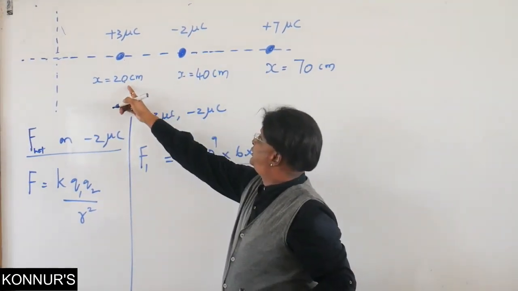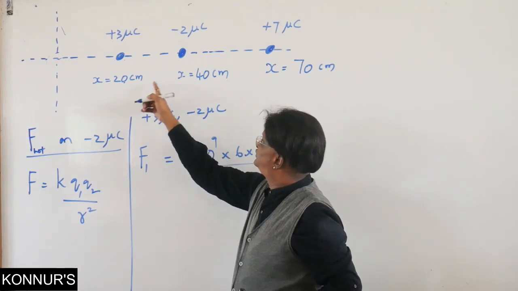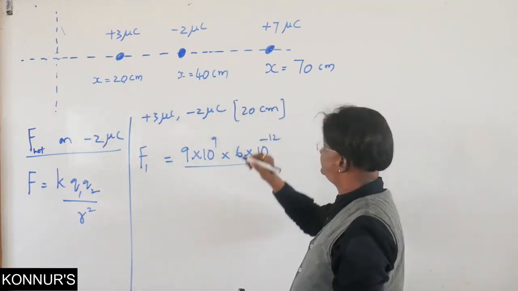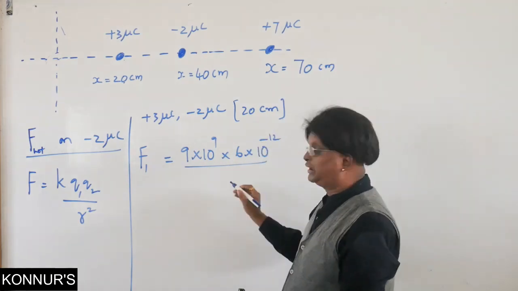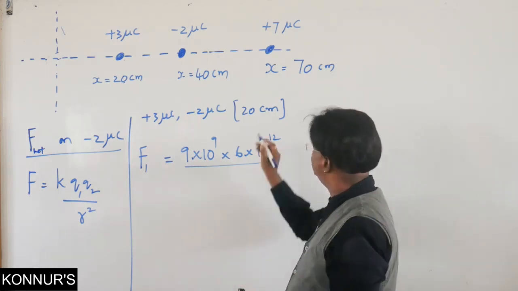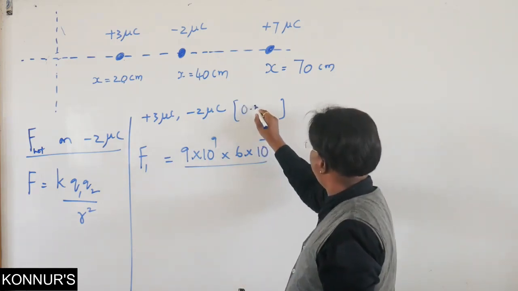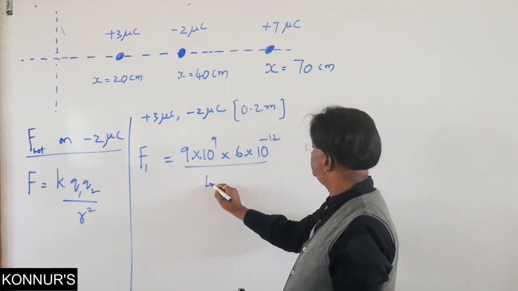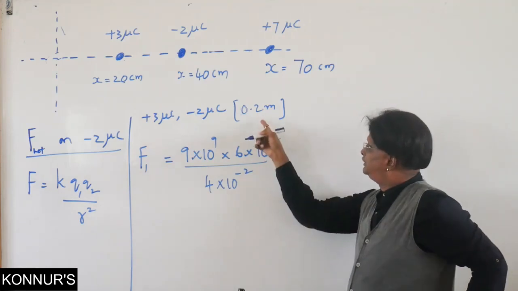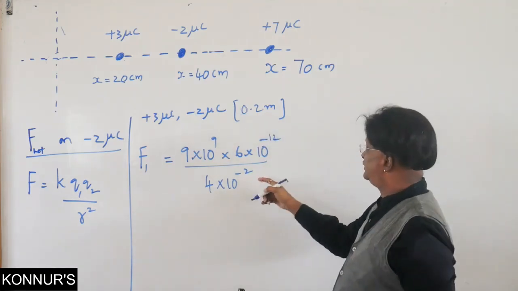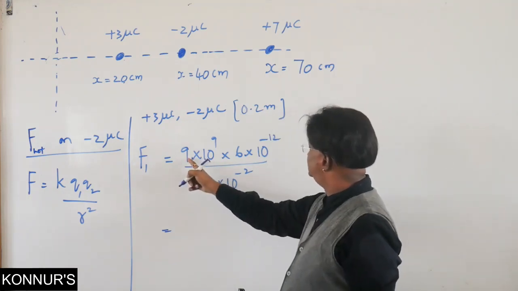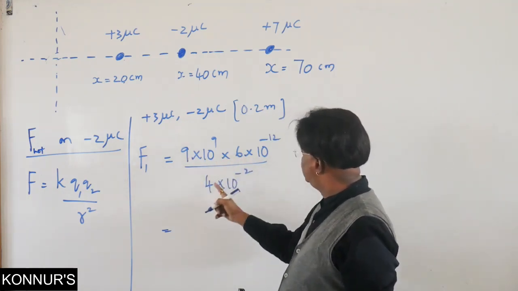One is at the 20 centimeter position and the other at the 40 centimeter position, therefore the distance between them is 20 centimeter. Here I have written 20 centimeter as 0.2 meters, all in SI units, squared, therefore R squared is 0.2 squared, which is 4 into 10 raised to minus 2. So in total you will get 53 by 2.